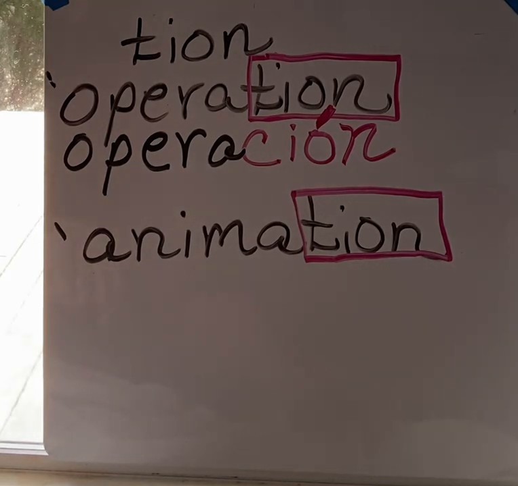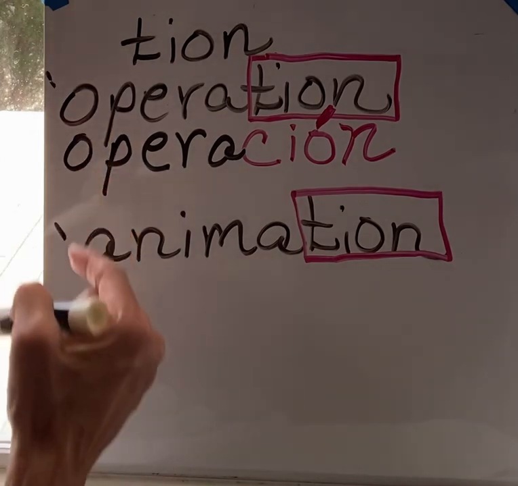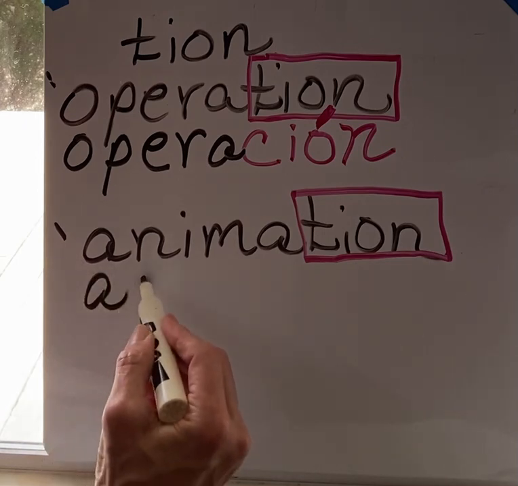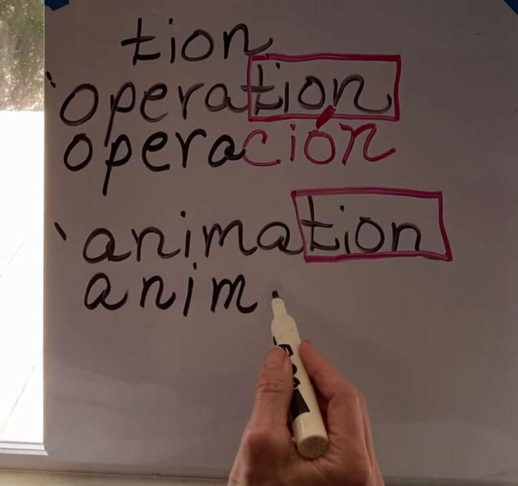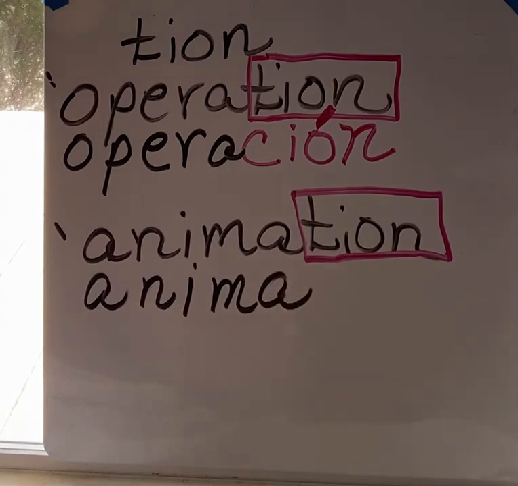So now let's turn animation into Spanish. Can you tell how this is going to look? Let us try. You move your A, you move your N, I, M, A. But what are we supposed to do now to turn animation into a Spanish word?